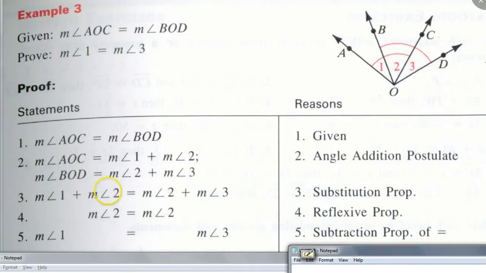What are you subtracting from both sides here? And don't they have to be the same one that they're subtracting from both sides? You have to tell the reader, I'll be subtracting angle 2 from both sides, and of course angle 2 is equal to itself. They have the same measurement. So you're subtracting the same number from both sides. It makes it a lot more concrete.